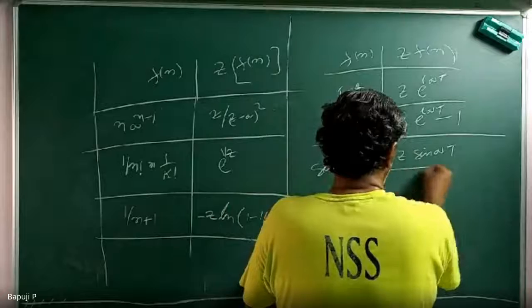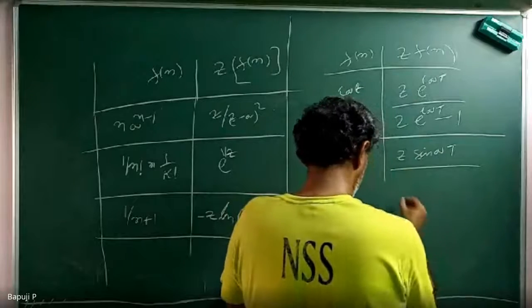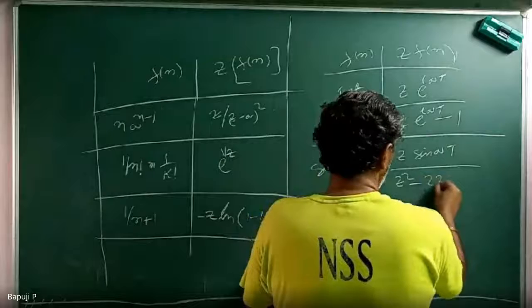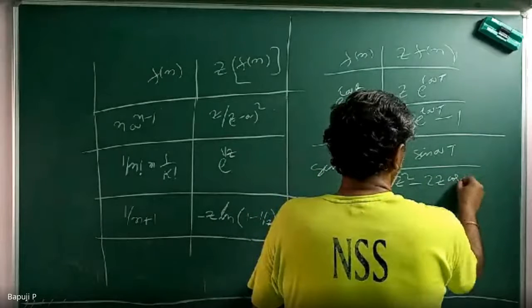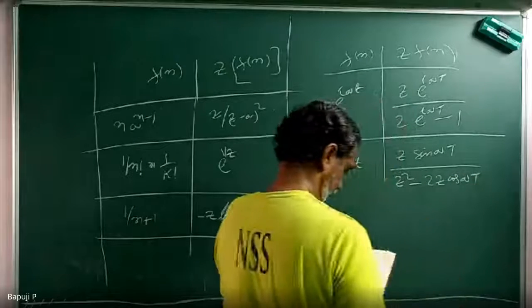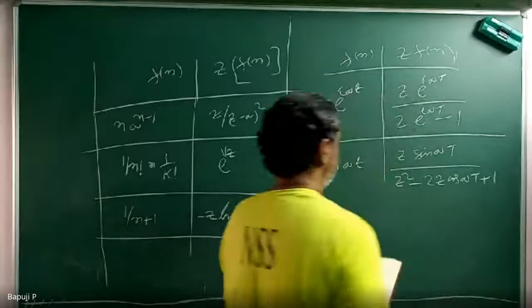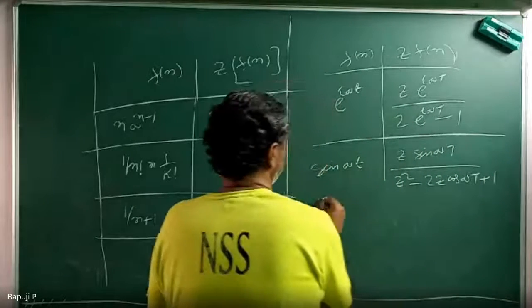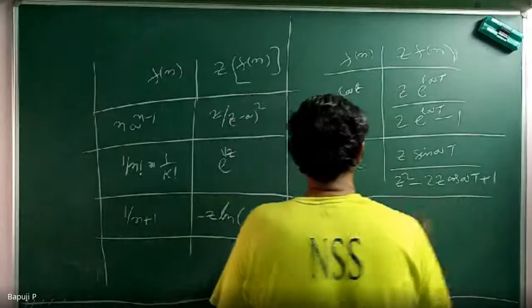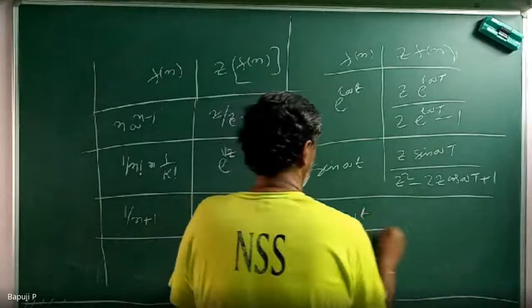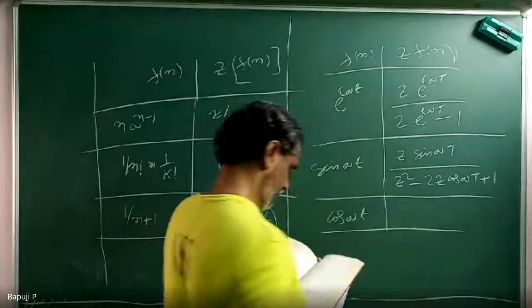Z sin at divided by Z square minus 2Z cos at plus 1. Cos at, this I can write.